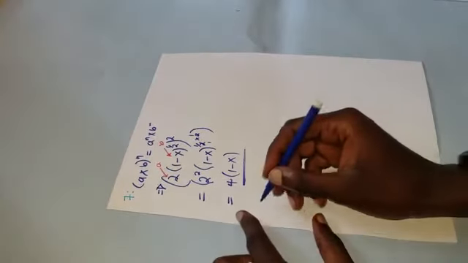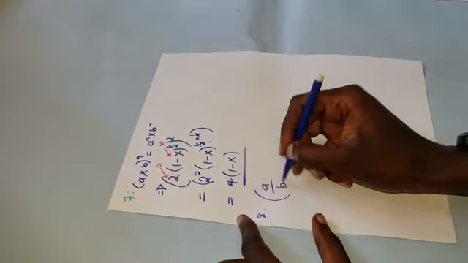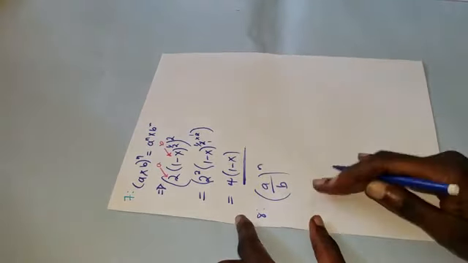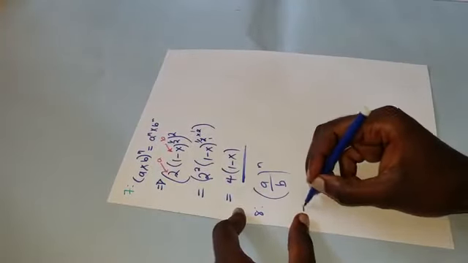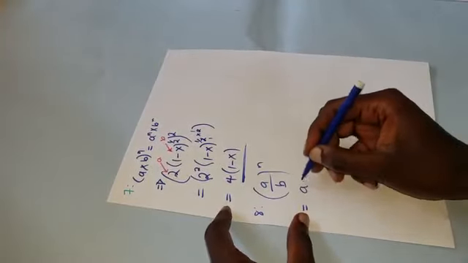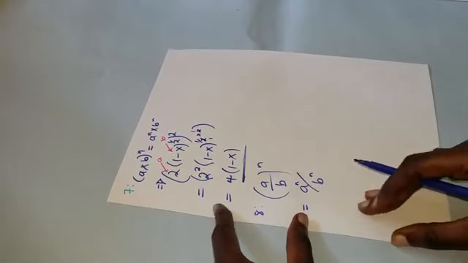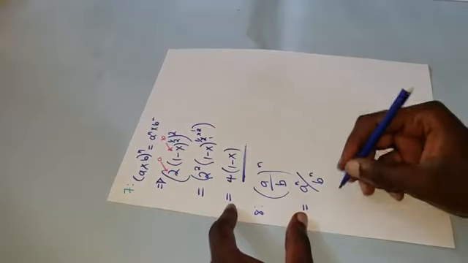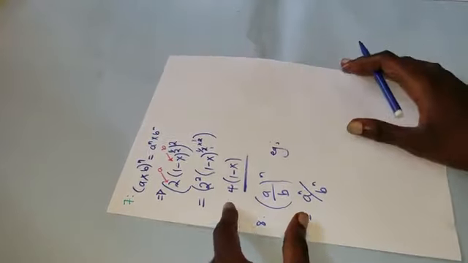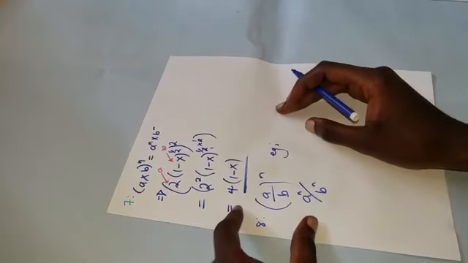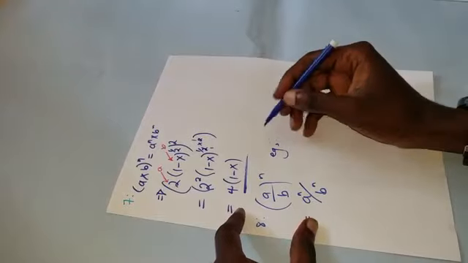Another rule, which will be our 8th rule: when you have a over b power n, division, how do you go about it? You are saying it is the same as having a affected by the same power, and b is also affected by the same power. For example, I hope you're following. In case of any questions, you can reach out through the portal and ask whatever you need to know.